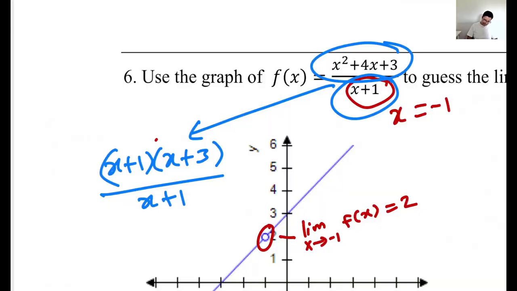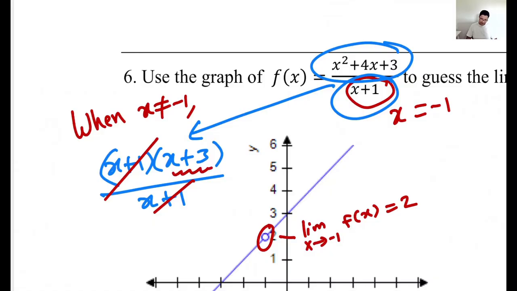When x is not equal to negative 1, you can cancel the x plus 1 as a factor. You are left with x plus 3. Now you plug in negative 1, you get negative 1 plus 3, which is 2. So the limit is 2, as you can see in the graph.